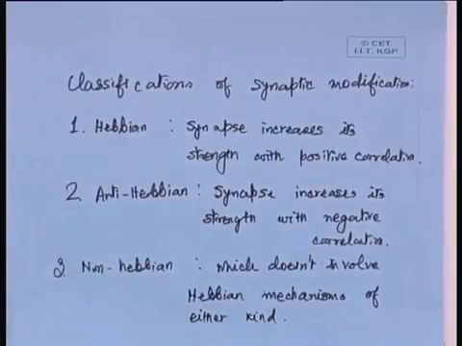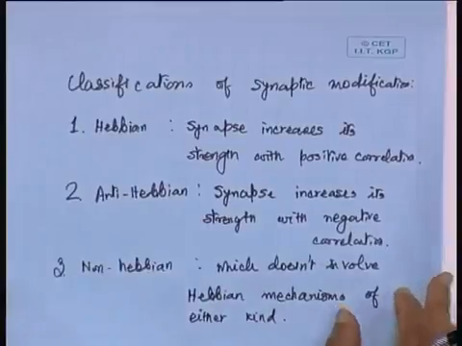I think it is fairly simple to understand: Hebbian means with positive correlation there is a strengthening, anti-Hebbian means with negative correlation there is a strengthening, and vice versa. That means when you have anti-Hebbian and there is a positive correlation, it leads to weakening obviously. And non-Hebbian means which does not follow either Hebbian or anti-Hebbian.